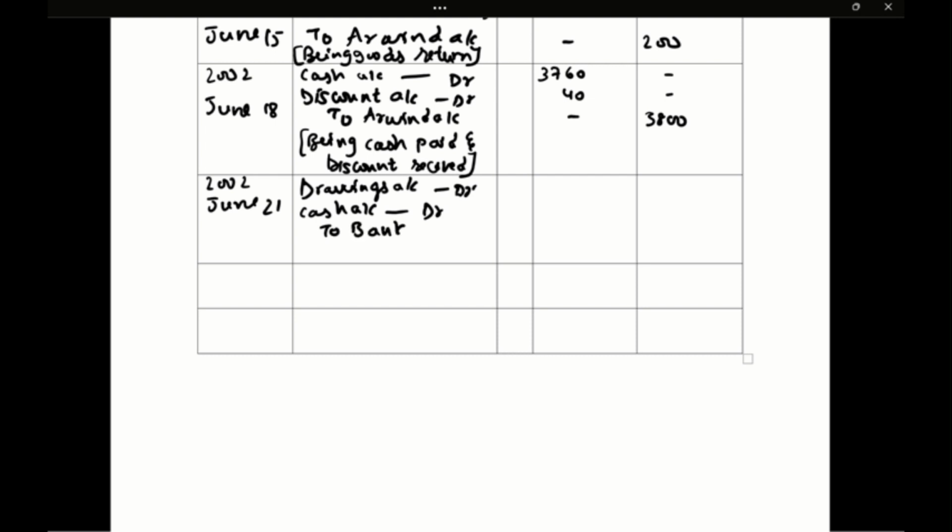So the amount: drawings is 1,000, cash is 5,000, so total is 6,000. Narration will be being cash withdrawal.